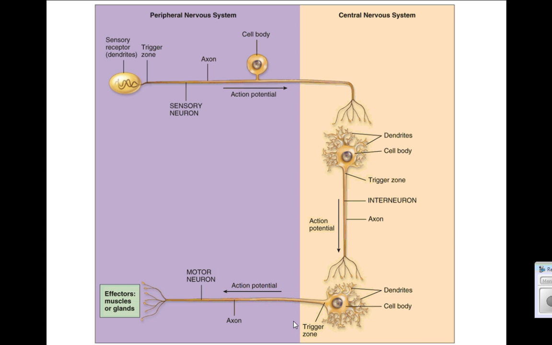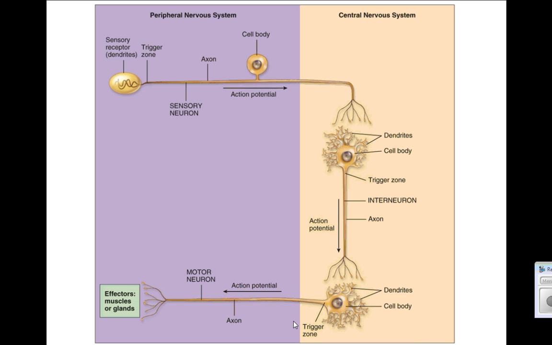Also multipolar in structure are our motor or efferent neurons, which are the neurons that carry the signal out of the brain and spinal cord to the effectors.